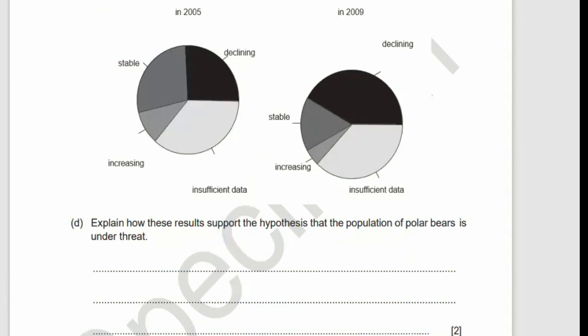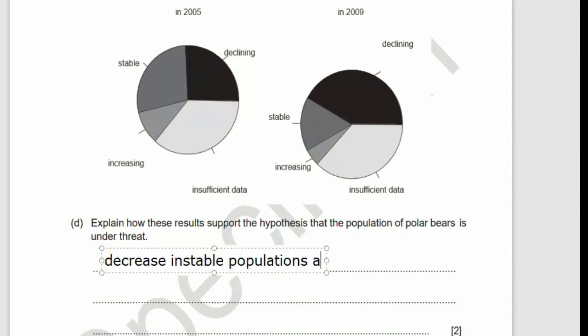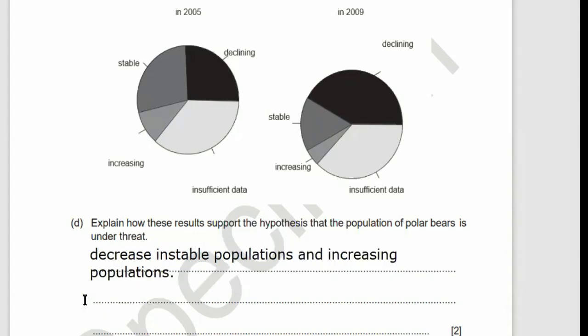So what we can see here is that if we compare the stable populations between 2005 and 2009, there is a decrease in stable population and a decrease in increasing population. So there has been a decrease in stable populations and increasing populations, which means areas where the polar bears were growing in number have gone down, and areas where their population has stayed stable have gone down.